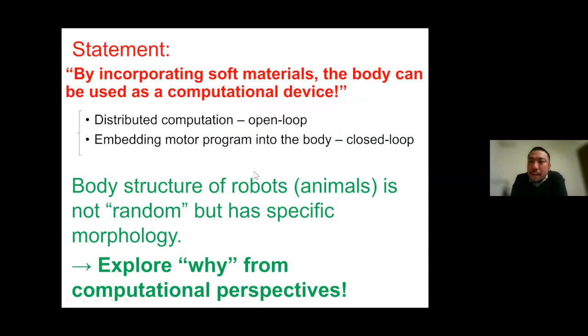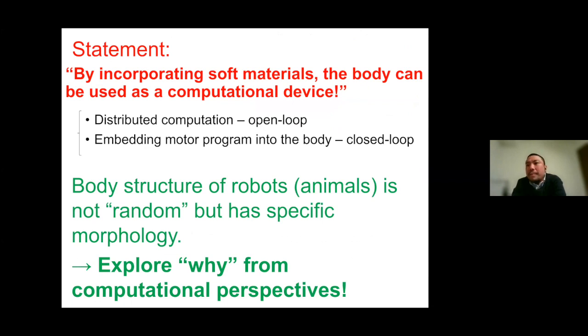Okay, so this is the summary. By incorporating soft materials, we can use soft body dynamics as a computational device. And the message here is, we started from the randomly coupled virtual echo state network. But when we use real robots as a reservoir, then it's not random at all.